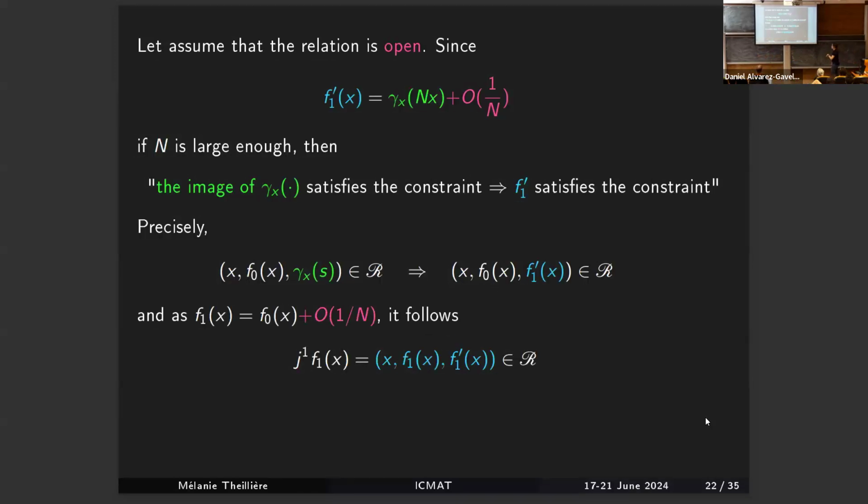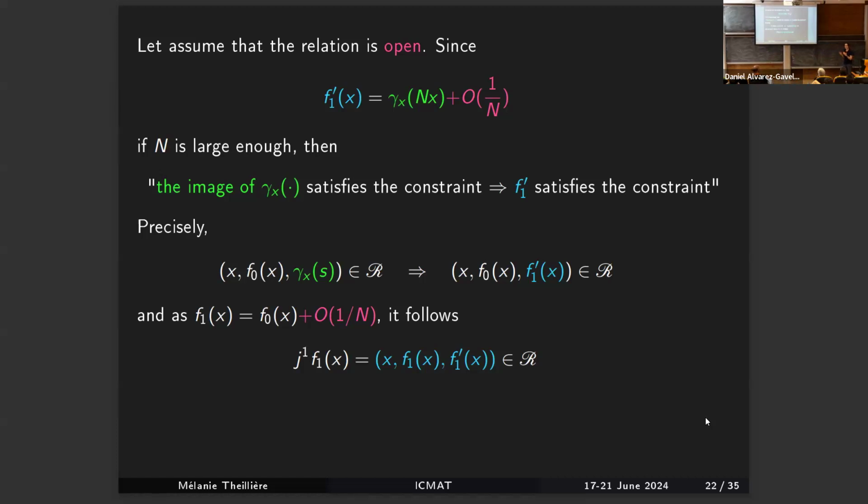And now we use the other property: the C0 closeness between the new curve and the initial curve. Using the C0 closeness between these two curves, and as the relation is open, we have that the one jet of f1 lies in the partial differential relation.